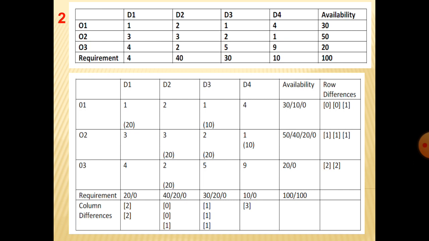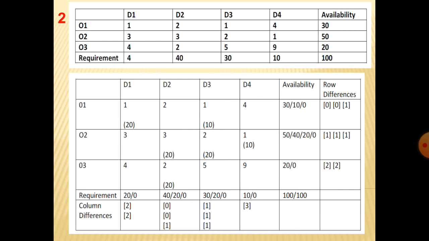What is the requirement available? 20 is the requirement. Here, first you select the minimum cost. 1 is the minimum cost. For minimum cost, the requirement is 20 here. Availability is 30. How much you can assign here? You can assign 20 here. After assigning 20, it is 0.